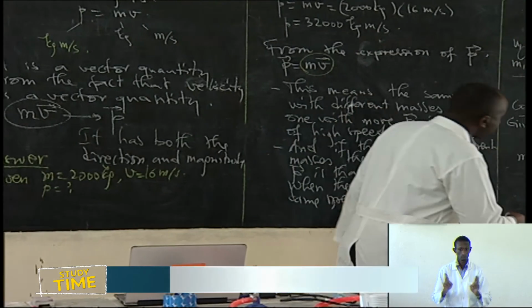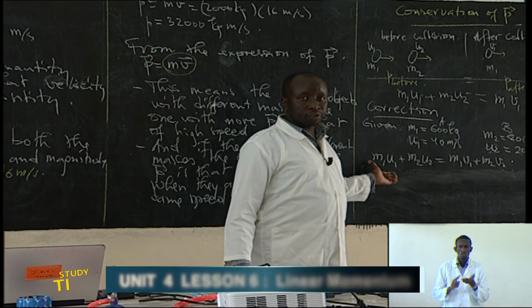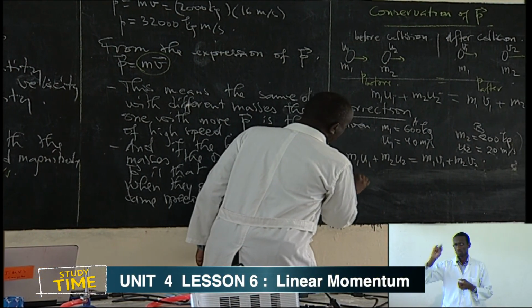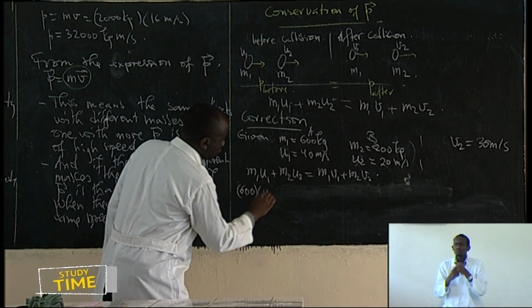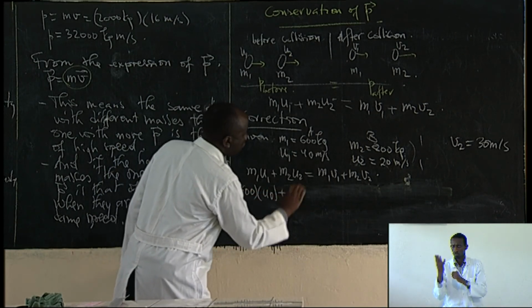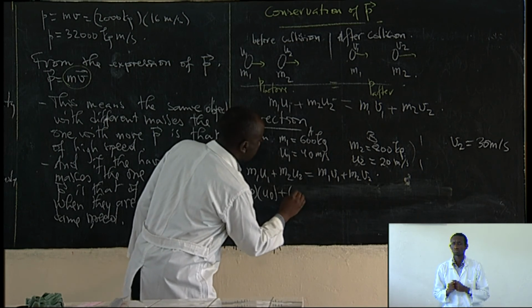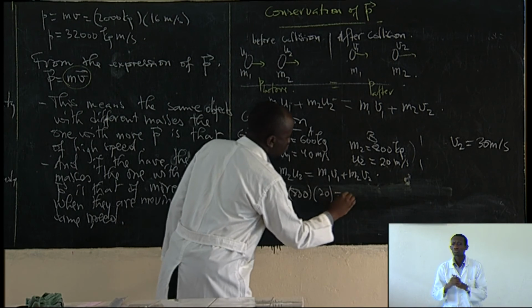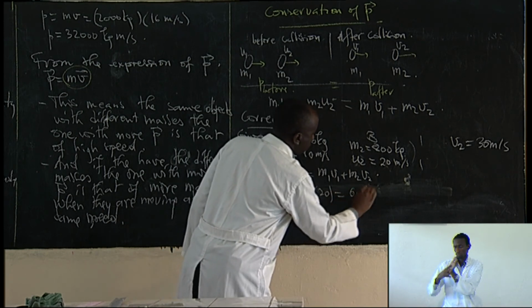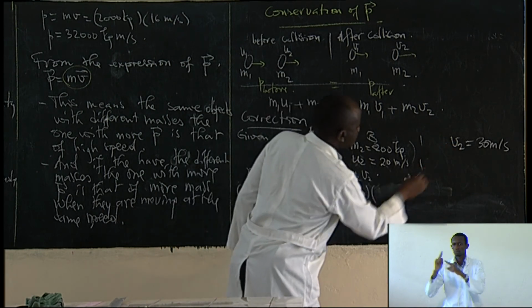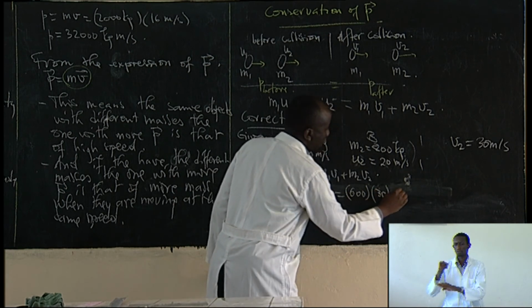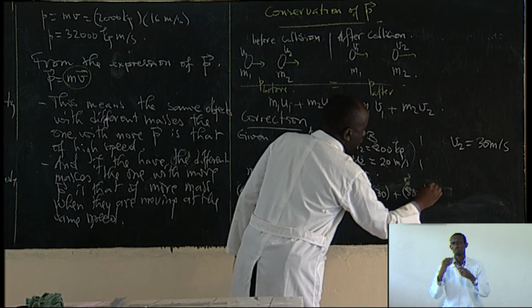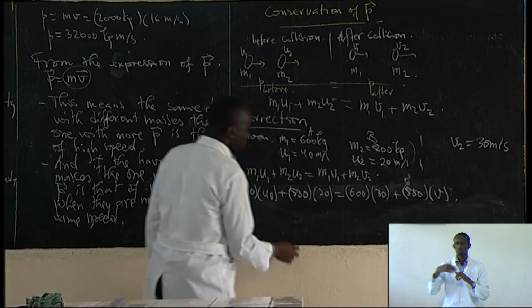Okay, students, now let's use the conservation law of linear momentum to substitute the data. So here we have 6 times 40 plus 8 times 20. Then this has to be equal to 6 times the speed that it has moved with, plus 8 times V, the speed that you are going to find.